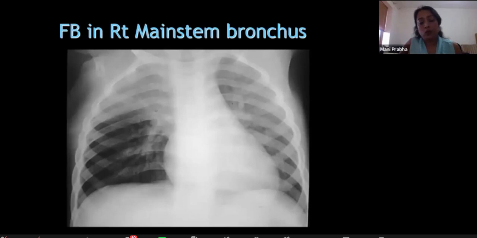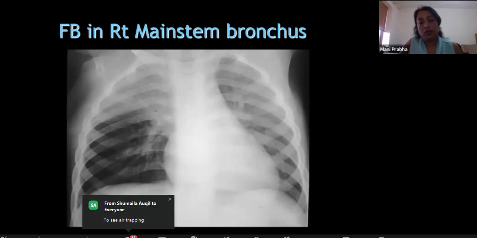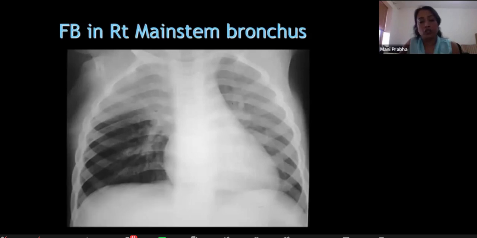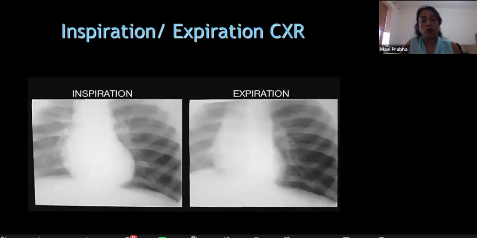And if that is not possible because of the age of the child, we can do fluoroscopy also, and the movement will be less. On expiratory views, if we did acquire, there will be more expansion of the abnormal area. So on inspiration, there is more air trapping, which will cause the lung to expand further in expiratory views.